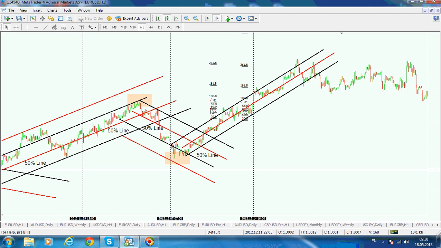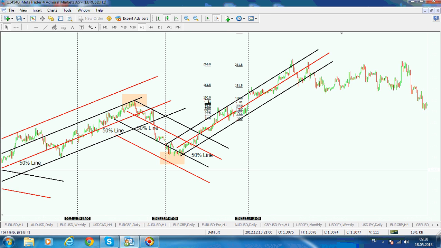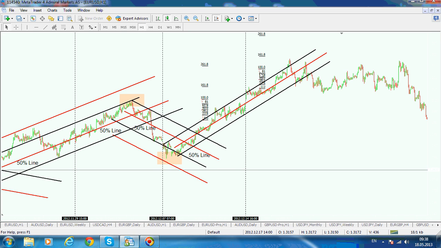And normally we should place it to the upside like this. And like this. And we try to project the 50% line to the upside like this. And this should be your main resistance for the move.